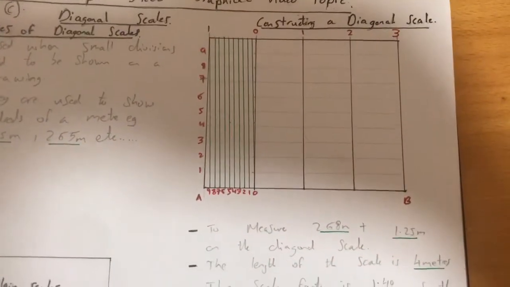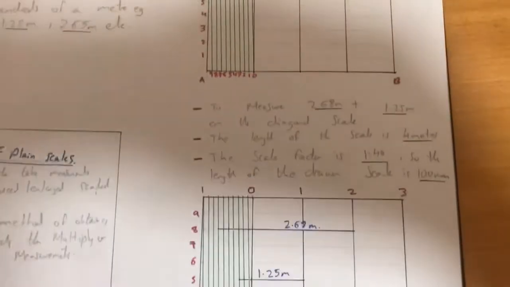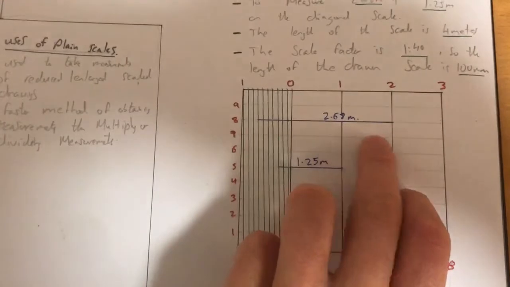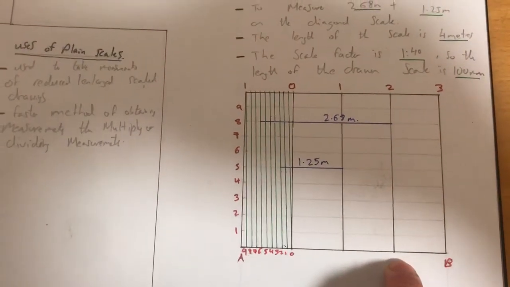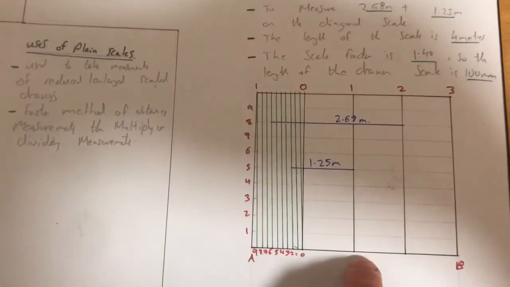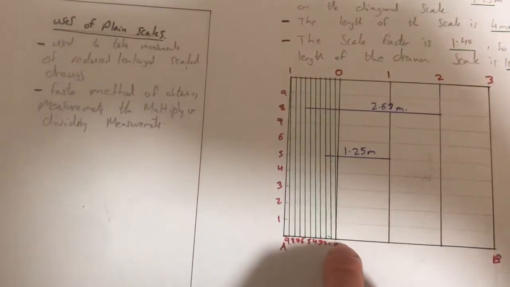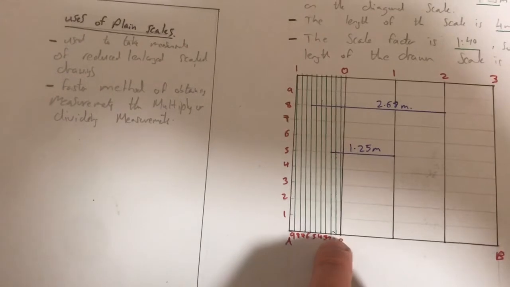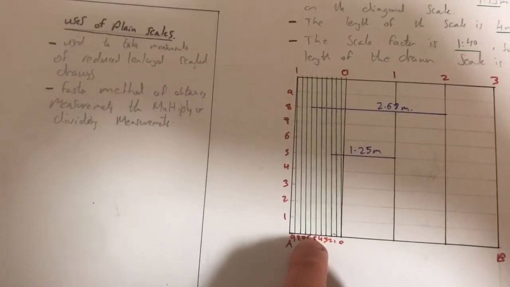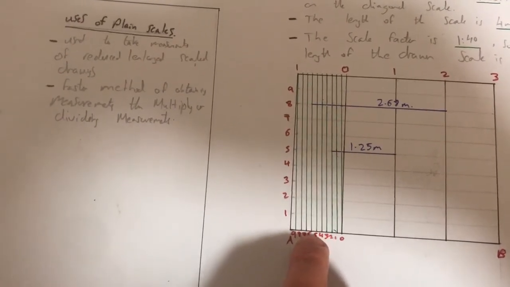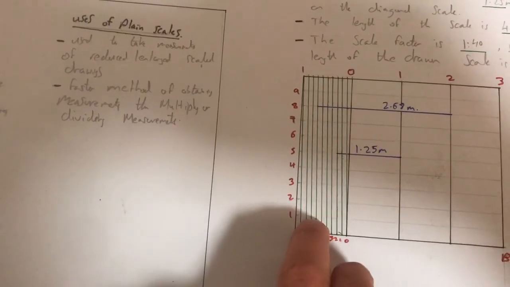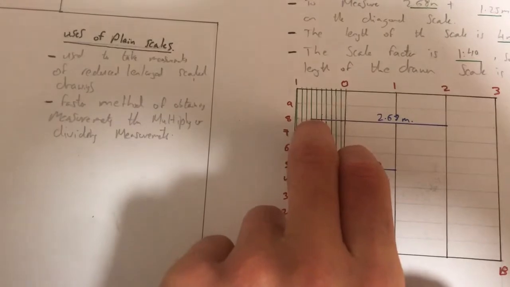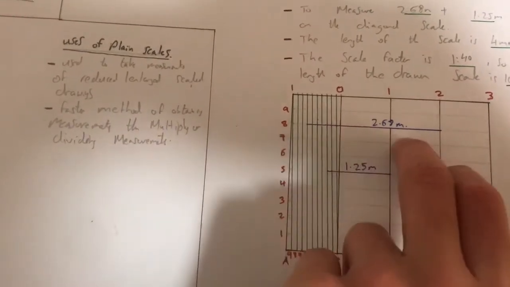Now we will measure 2.68 meters and 1.25 meters below. Now here, we start at 2 because this is 2.68 meters, go back to 1, that's 1, go back to 0, that's 2, but this time for 6 we measure out 6, that's to get to 2.6 meters, and we move up 1, 2, 3, 4, 5, 6, 7, 8 steps to get 2.68 meters.